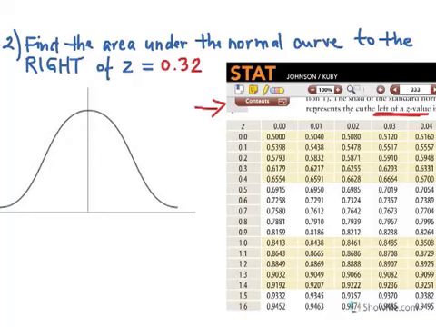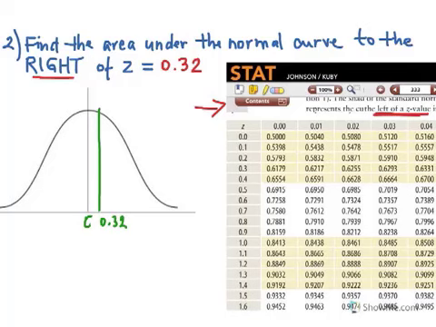Find the area under the normal curve to the right of z = 0.32. So we know that the mean is 0, one standard deviation is right over here, so 0.32 would be somewhere over there.